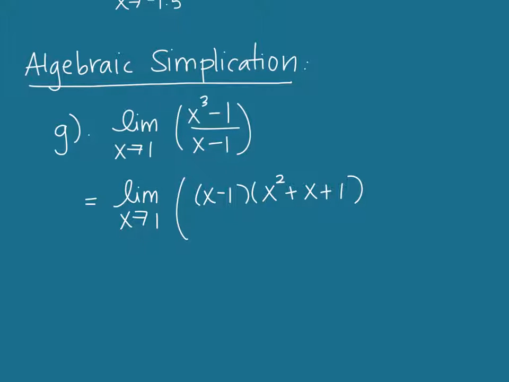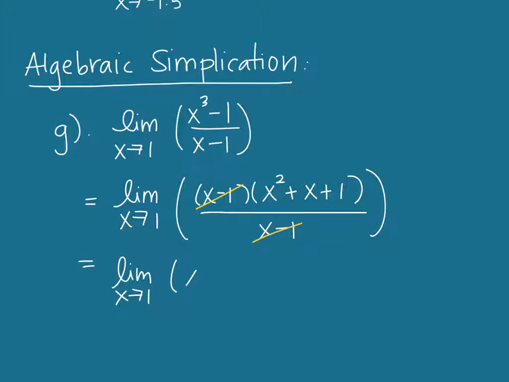You can Google the difference of cubes if you don't remember how to factor. And then over x minus 1 still. So that leads us to something that we can reduce. Because as we factor out the numerator and the denominator, I still keep my limit notation going because I have not yet exchanged a variable for a number.